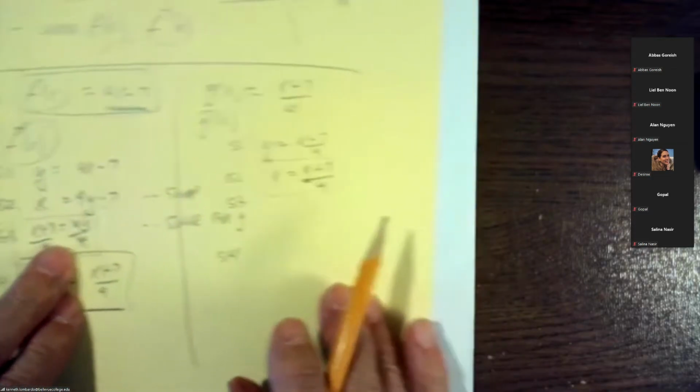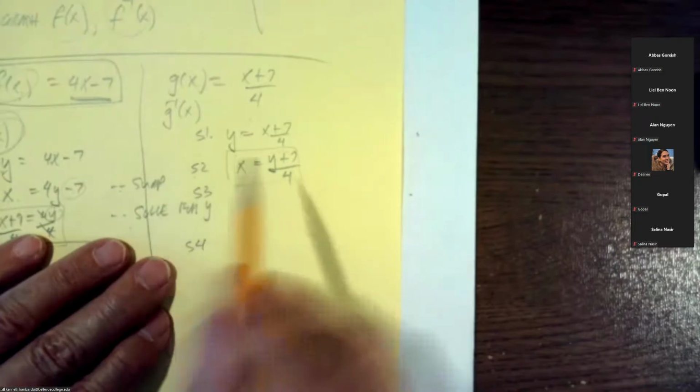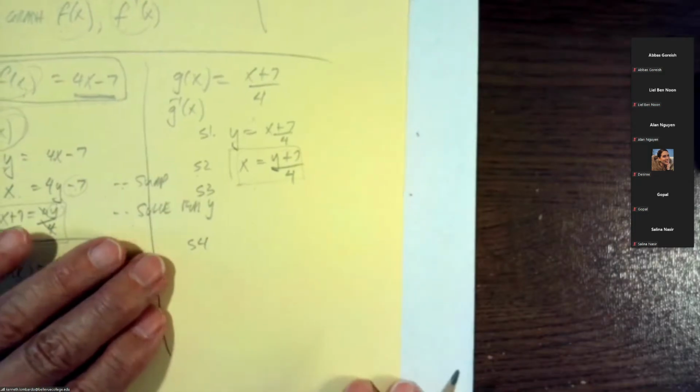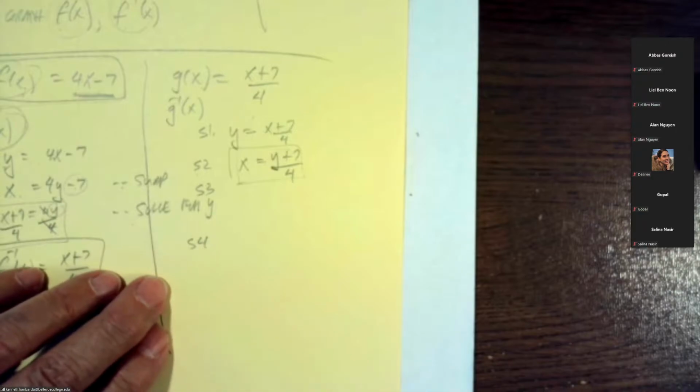I'm going to let you guys do that since there was a question last time. Take this x equals y plus 7 over 4. I'd like you to solve that and then turn on your mic and step me through your procedure to solve that.